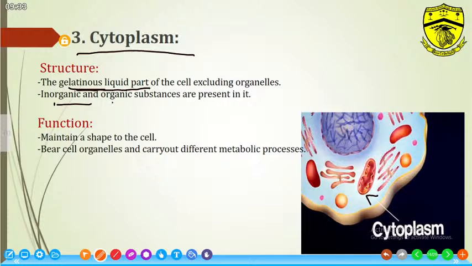Inorganic and organic substances are present in it. The function is to maintain the shape of the cell, bear cell organelles and carry out different metabolic processes. These are the functions of cytoplasm. Okay, you got it? Yeah.